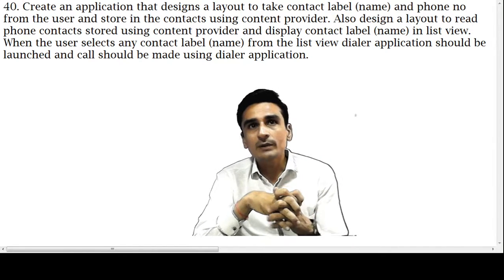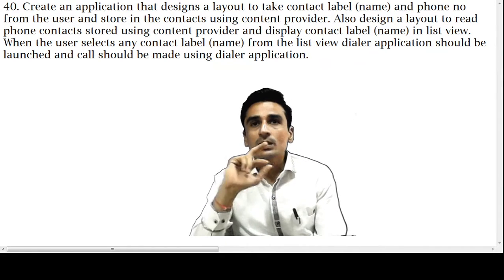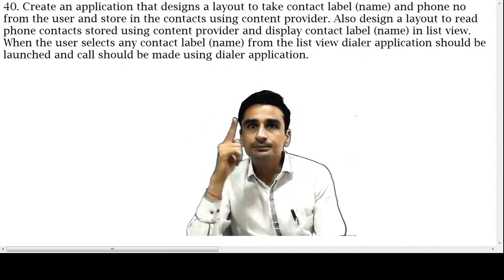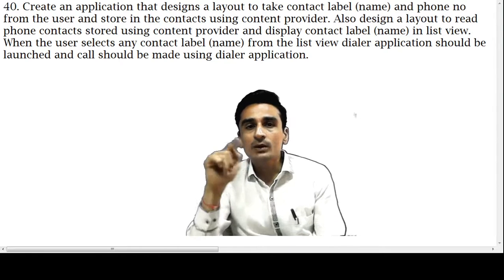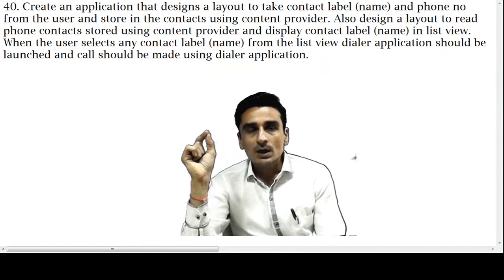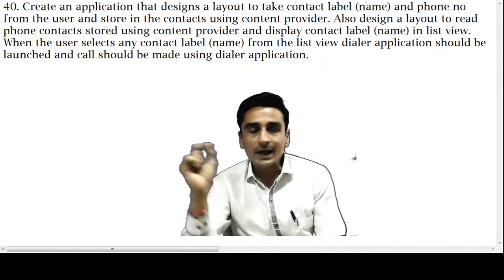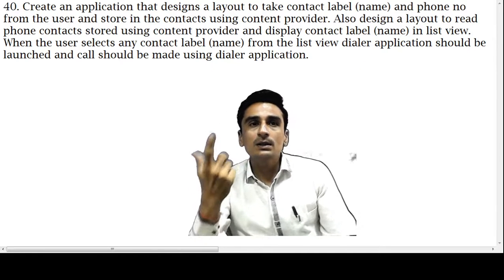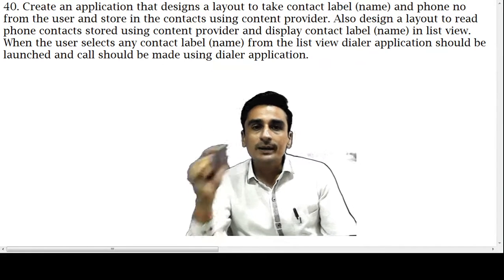So let's start. What will we do? First of all, we should define a layout, that is the second layout, in which there will be a list view, and the list view will show all the names of the contacts. And one more thing, in this layout we will also put an options menu, and in the options menu we will provide an option to add a contact. When the client clicks on add contact, we will open another layout or a dialog box in which we will ask the client to enter the contact name and number.